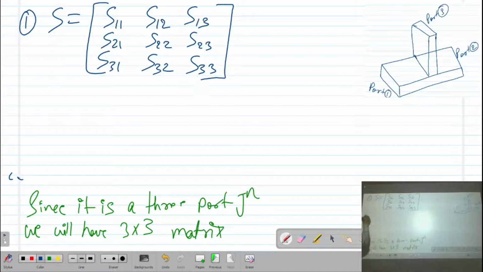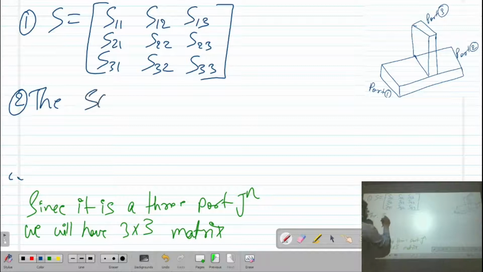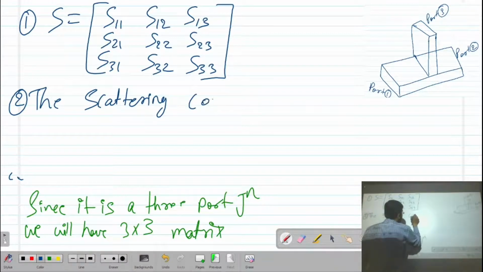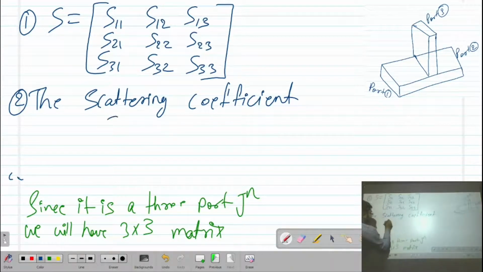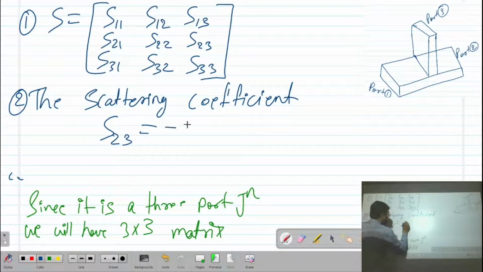Number 2 is the scattering coefficient S23 will be equals to minus S13.